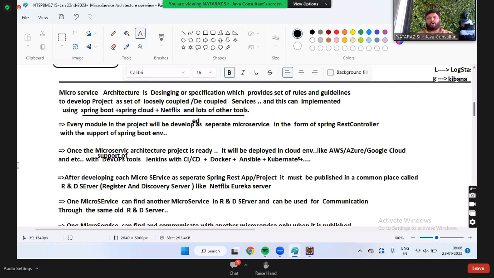You'll be having one property at the end, yes or no?